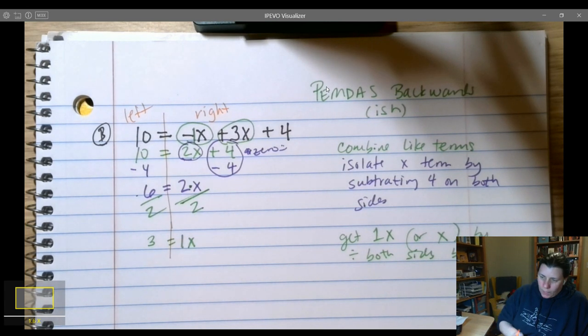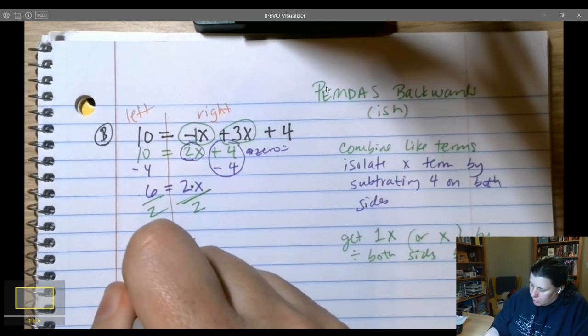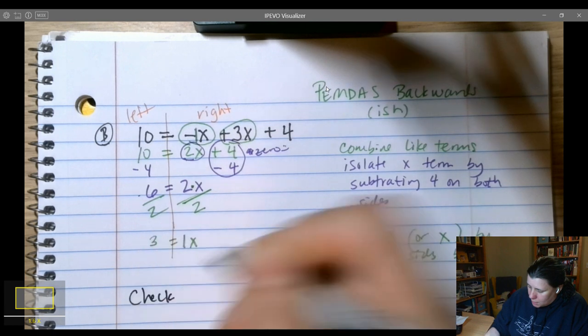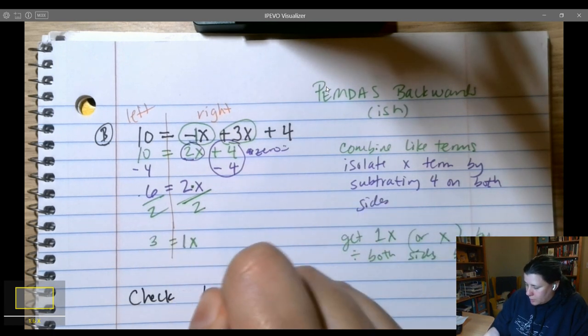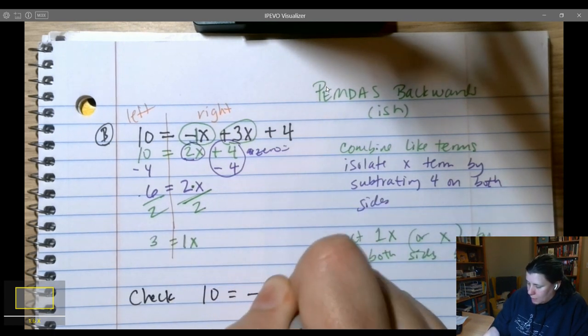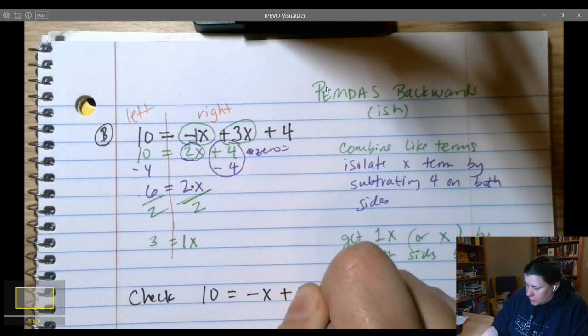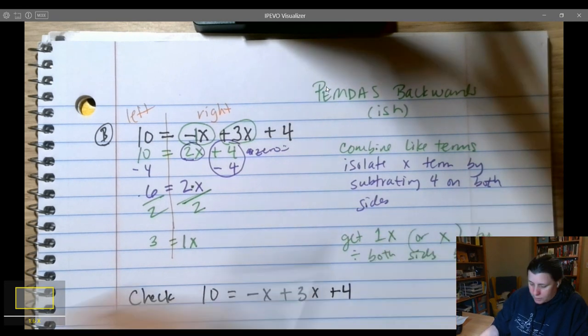And then you should always check into the original equation. Our original equation was this: 10 equals -x plus 3x plus 4.